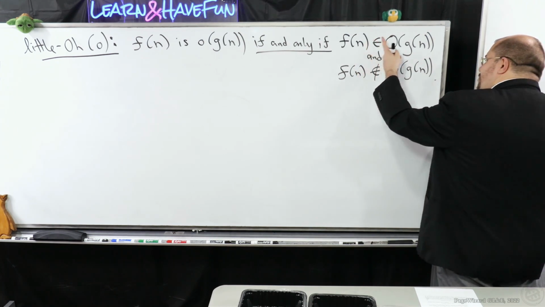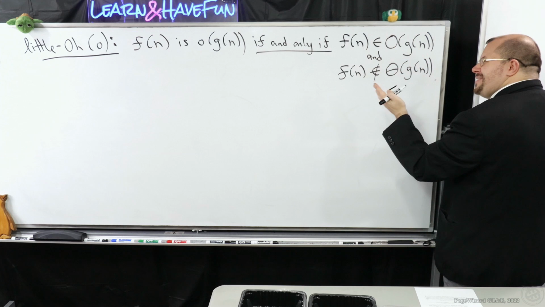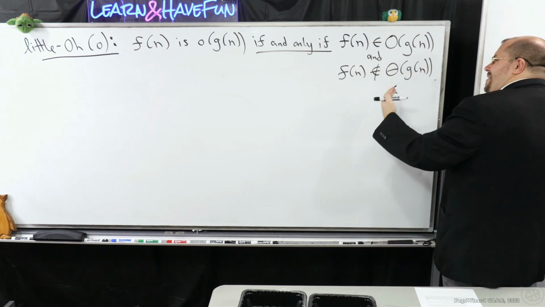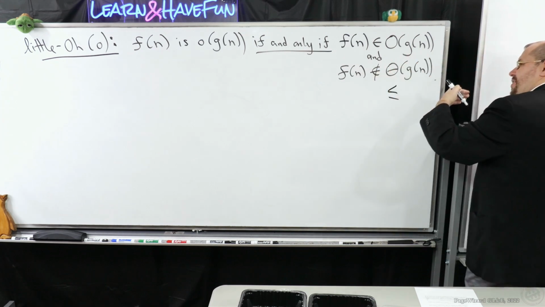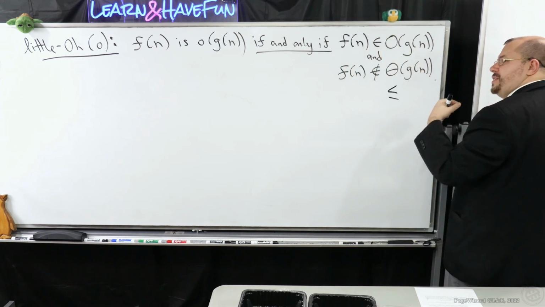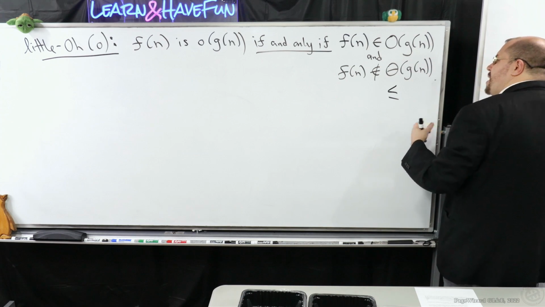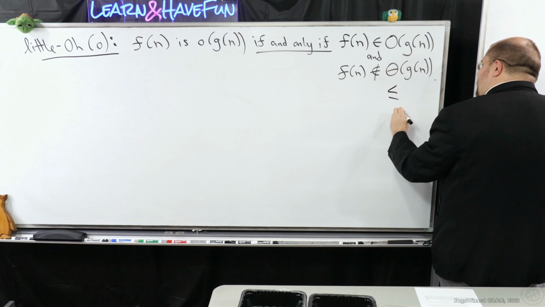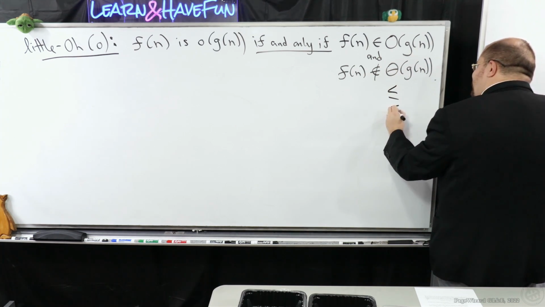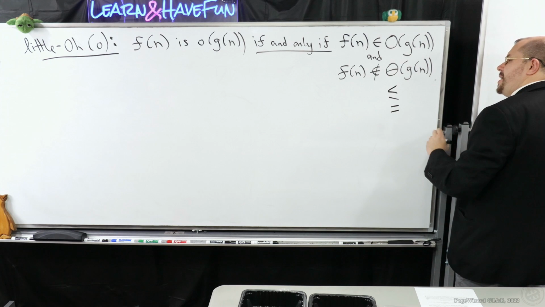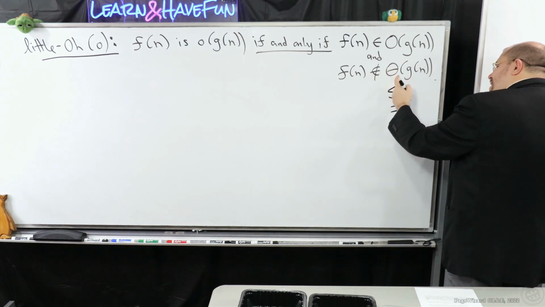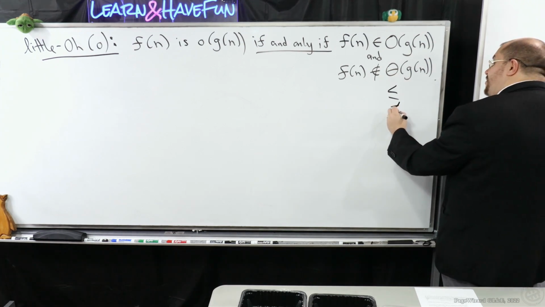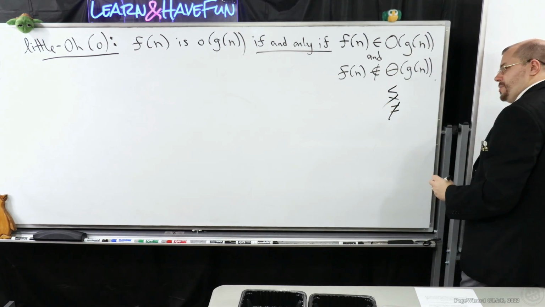I like to think of it like less than or equals in terms of asymptotic order of growth. If I give you a constant function versus a linear function, you could say the constant function is big O of the linear function, correct? But you can't do that with big theta, right? Big theta is an asymptotically tight notation, and it operates like an equal sign. So if it's not big theta, that means it's not asymptotically tight. Instead, that means, as a result, that it has to be strict.